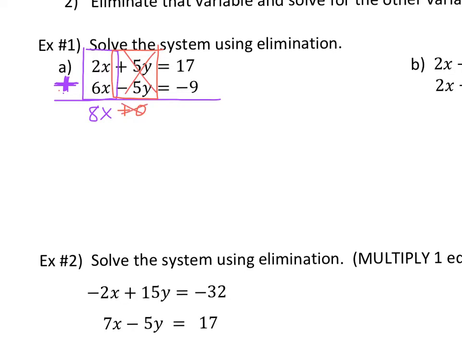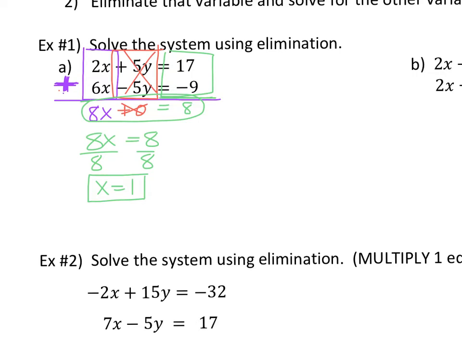Because then what you're going to get is equal to, over here, if I add these two together, 17 plus -9 is 8. Well, notice what happens. This says 8x equals 8. Well, now we only have an x, and we know how to solve for x, right? If I take this and I divide by 8 on both sides, then my x is 1.